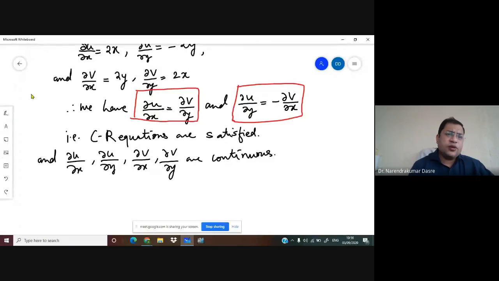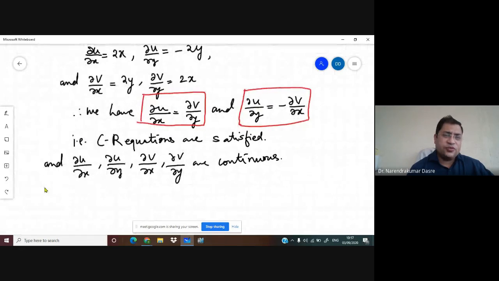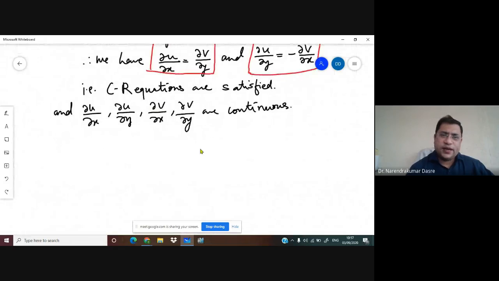So here you are not required to prove the continuity, but you should be able to identify directly that these are continuous functions. Okay, so if these are continuous functions, then our sufficient condition will be satisfied, and then we can say the function is going to be analytic.